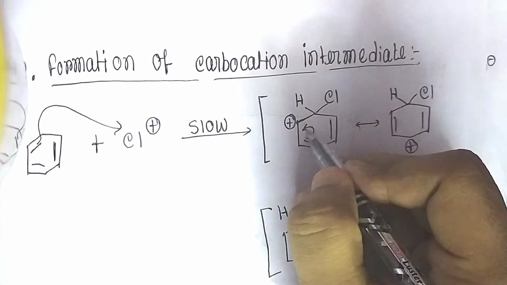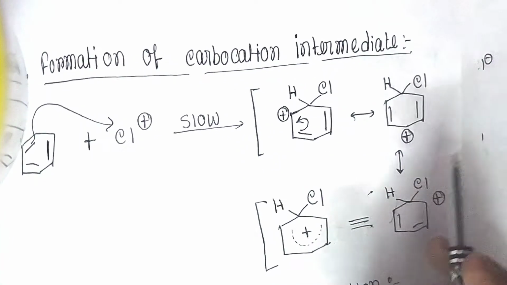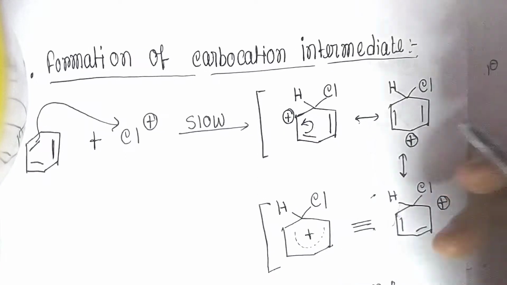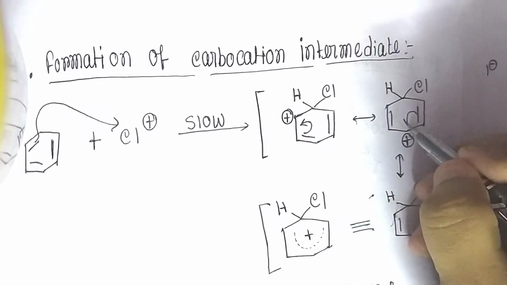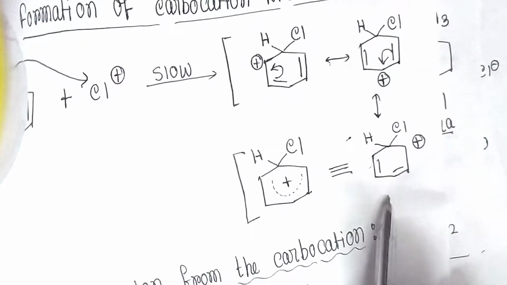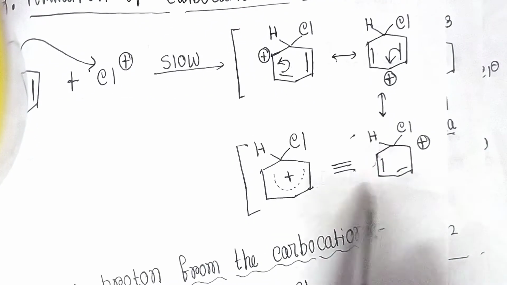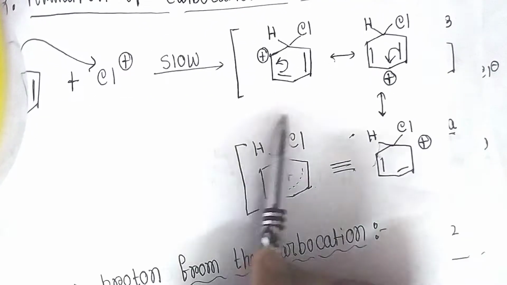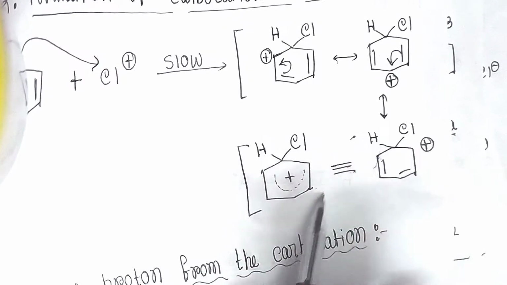Then this bond comes here, and we get another resonating structure. Thus we can have this resonance hybrid.